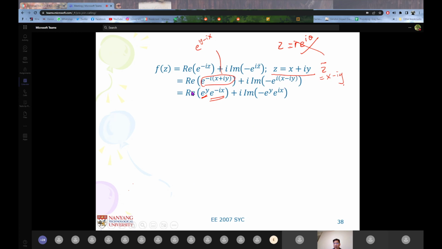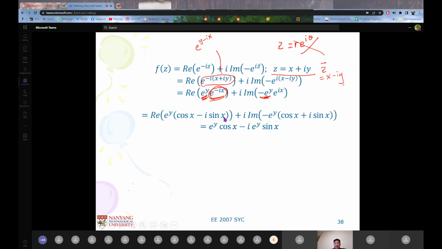So the way to find out the real part, I apply the Euler's identity to this part. This one no need. This is a real part already. So I need to apply this to this. So apply the Euler's identity. E to the power minus ix is cosine of minus x plus i sine of minus x.